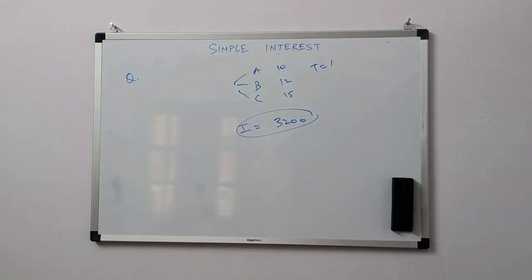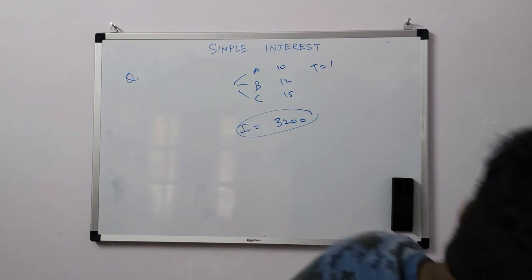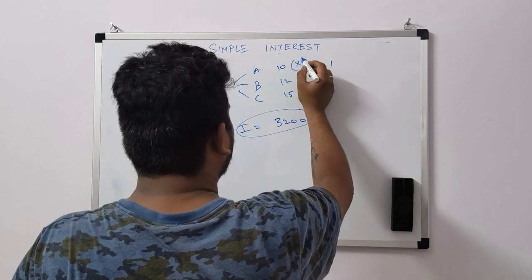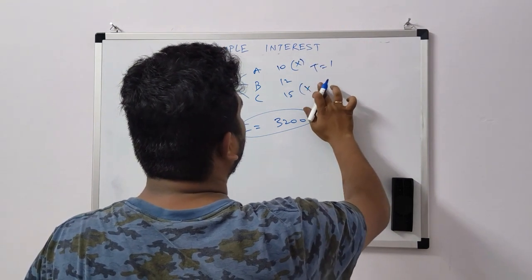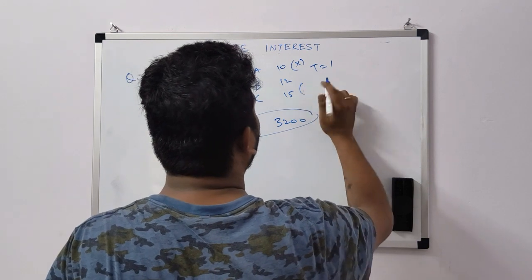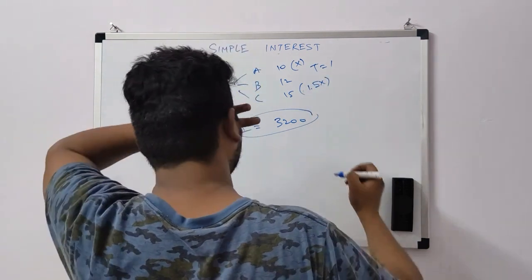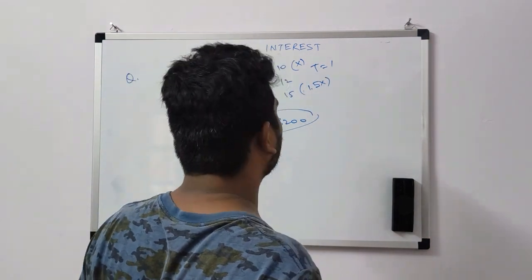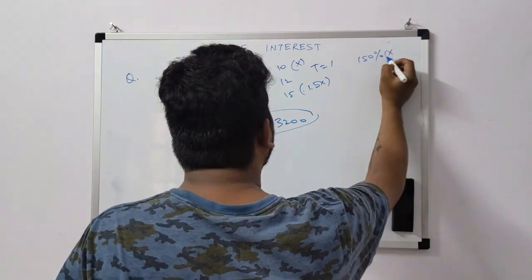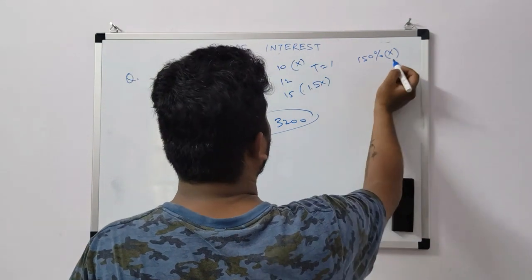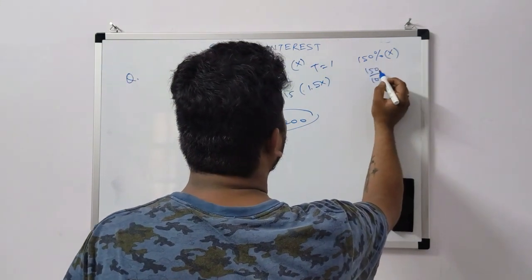Now what is it saying? The amount you invested in scheme C was 150% of scheme A. Okay, 150%. What does that mean? I say 1.5x. This is a very basic concept you should know. 150% of x means 150 upon 100, which is 1.5x.